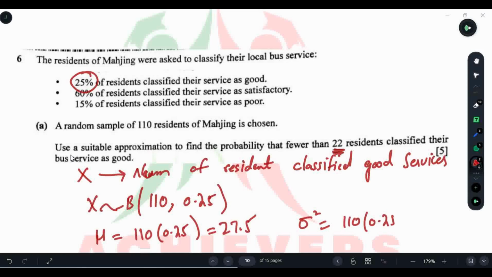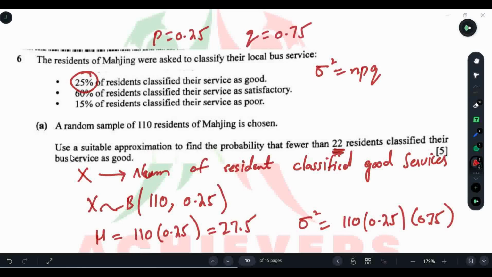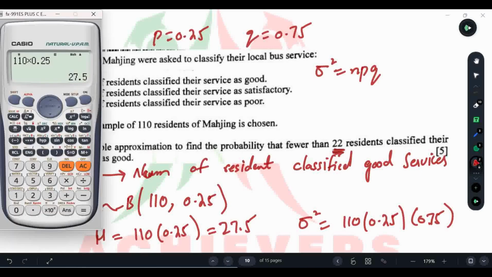We have to multiply 110 into 0.25 into 0.75. How 0.75? Because we know that sigma square is equal to npq, and if p is 0.25, q will be equal to 0.75. Now if we simplify it, 110 multiplied by 0.25 multiplied by 0.75 will be equal to 20.625.